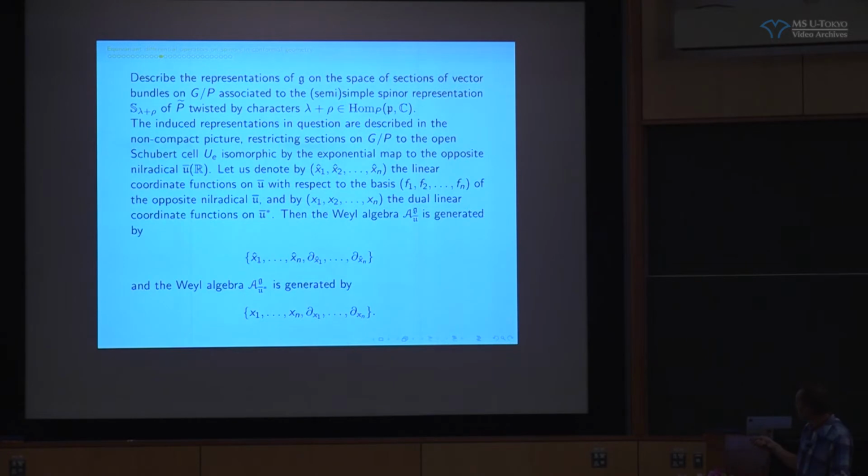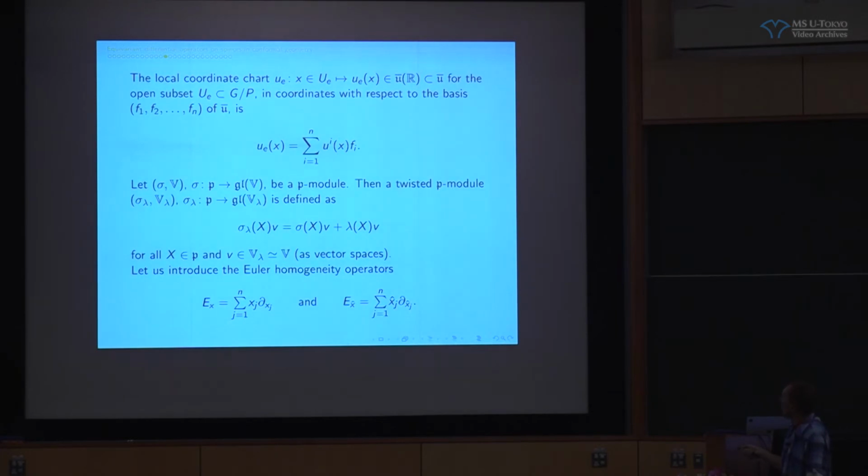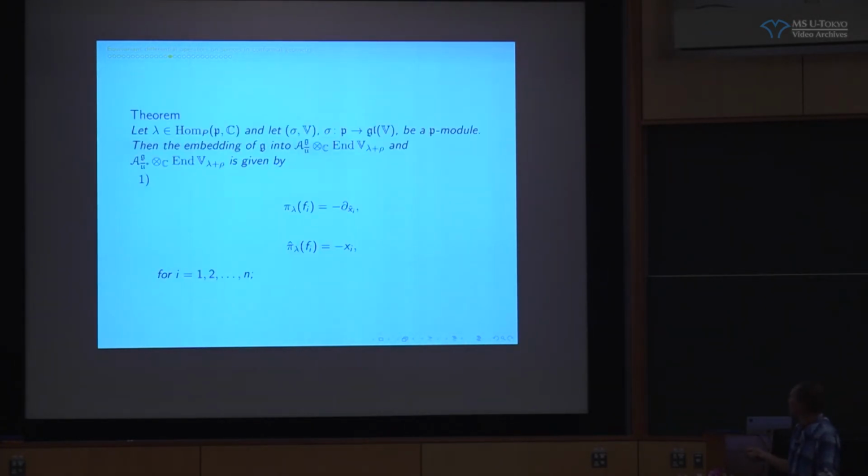And we introduce the two Weyl algebras on U bar and U bar star. They are generated by coordinates plus the differentiation in coordinate directions. What's important on this page is that we also use the notation for Euler homogeneity operators, for variable x and variable x hat.